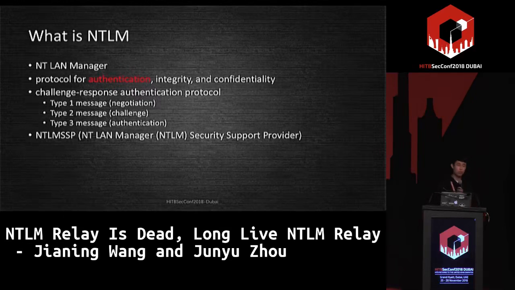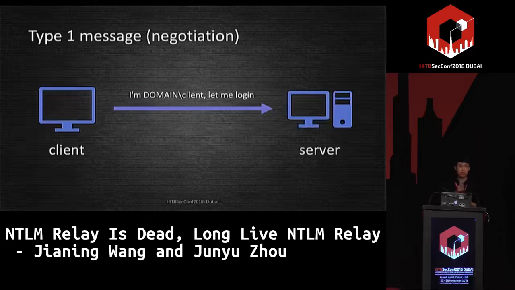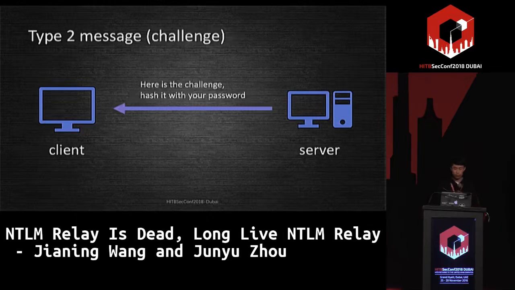Okay, let's move to the 3 types of message. Type 1 message is for negotiation. The client wants to log into the server, and the client sends some basic information of itself to the server and asks for a login. And the server will return a challenge and ask for the proof of credentials of the client.